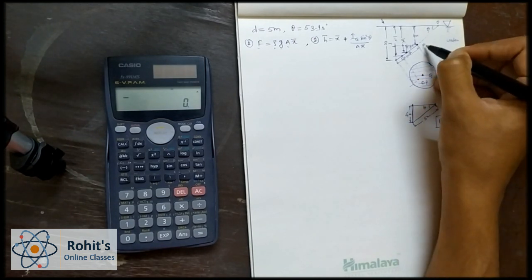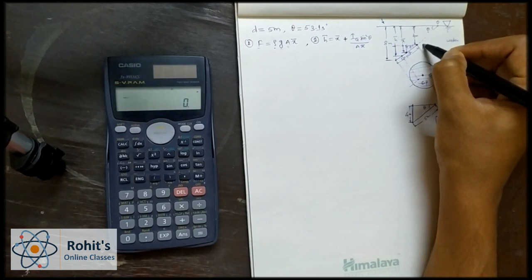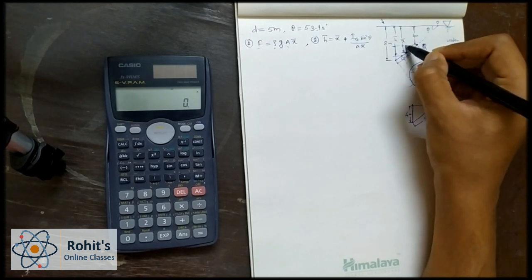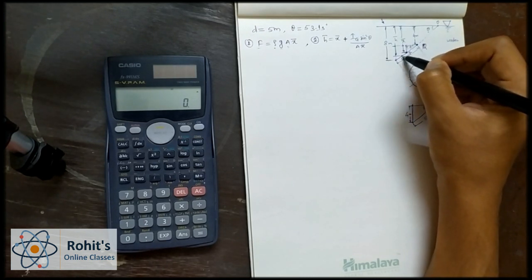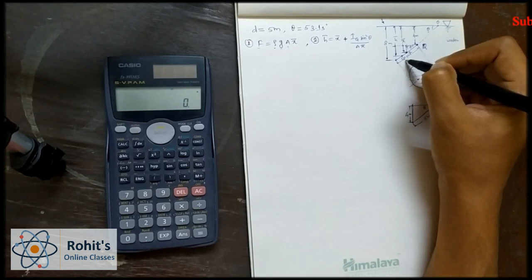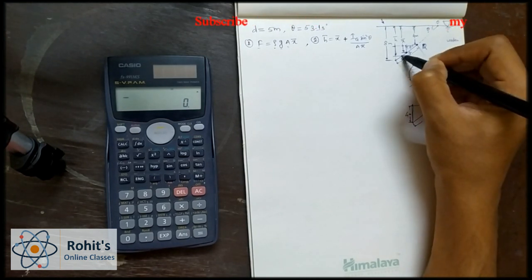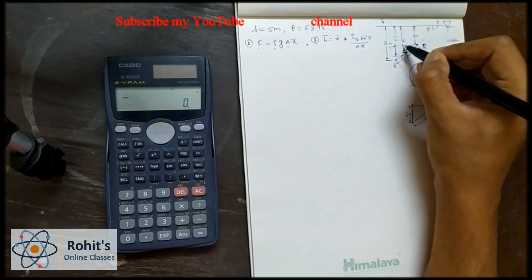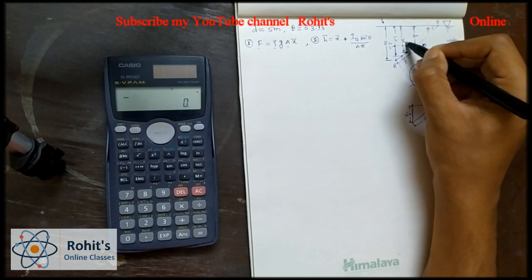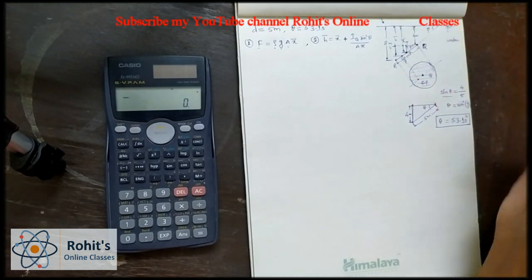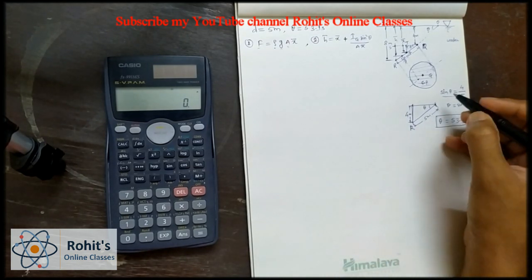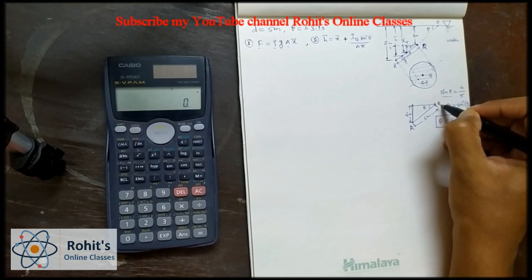So in order to avoid confusion, we will consider this point as Q. So this point is Q, this point is G. This point is the CP point, or simply we consider it as P point. This point is R, then S, and this is T. So this point is our R point, this point is our Q point, this point is S point.